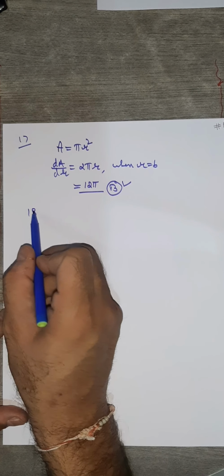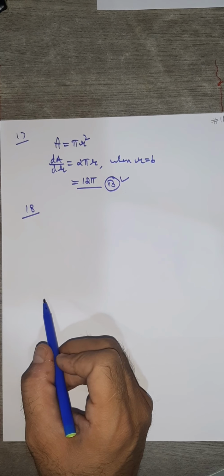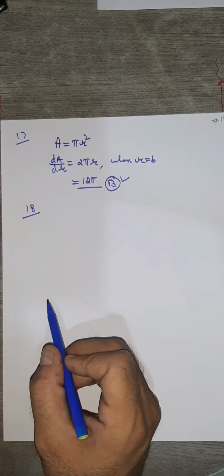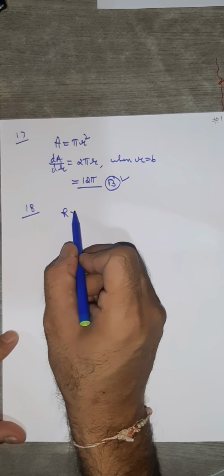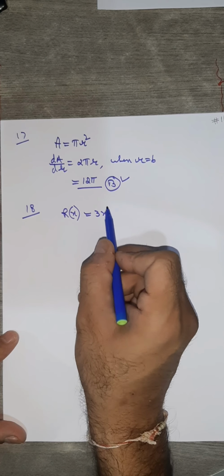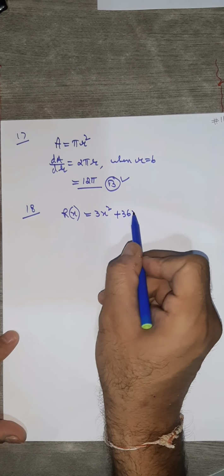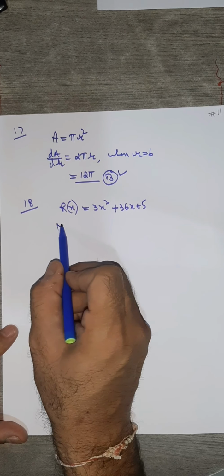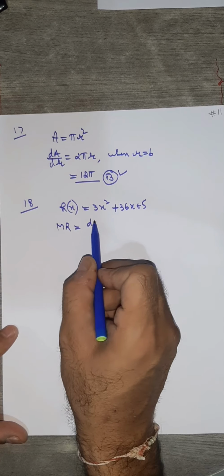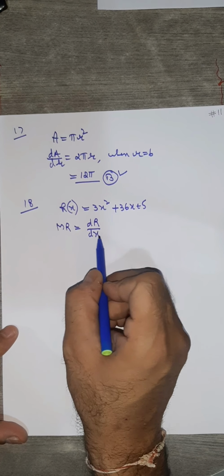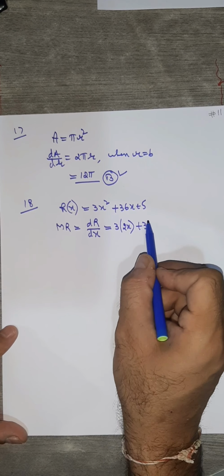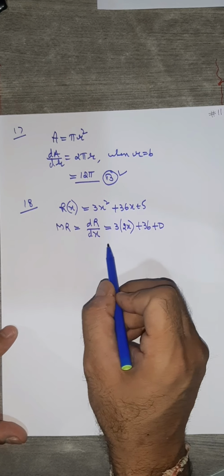Question number 18 here. Like question number 16, the total revenue received by sale of x units is given by this. So you are given revenue here, where x is the number of units. The marginal revenue, that is what you want, MR, that is nothing but the change in the revenue with respect to number of units. You want this. So 3 into 2x plus 36 plus 0 here.